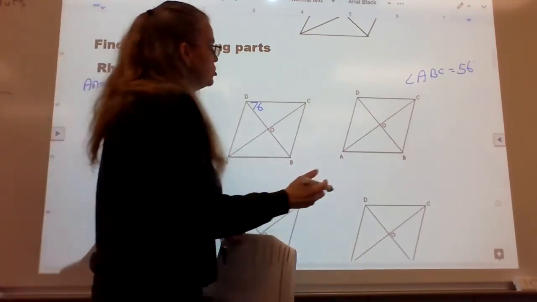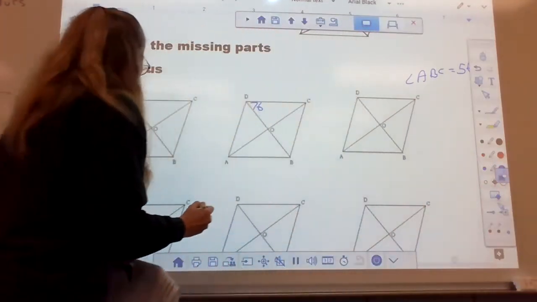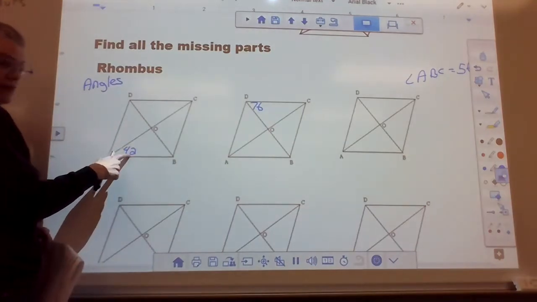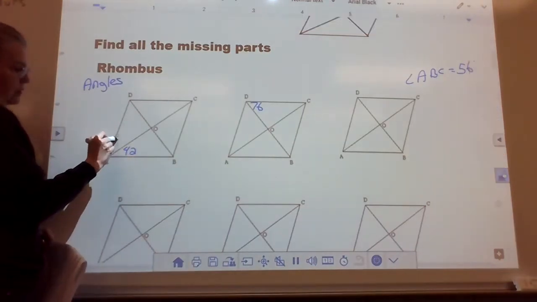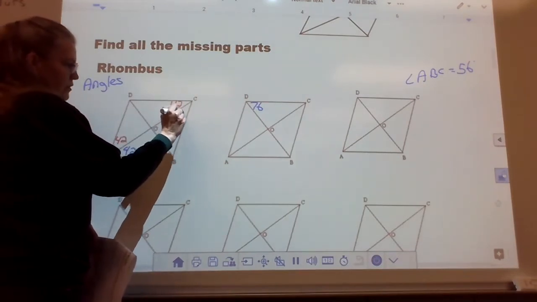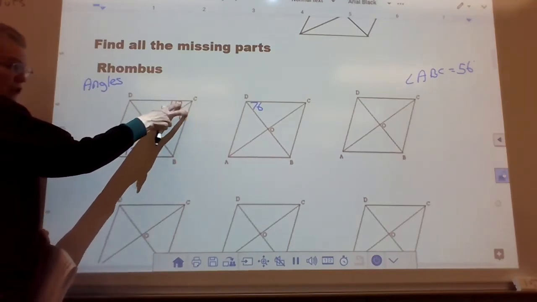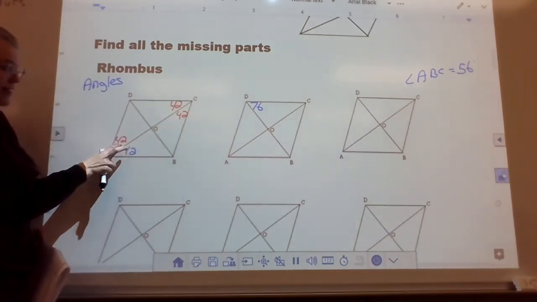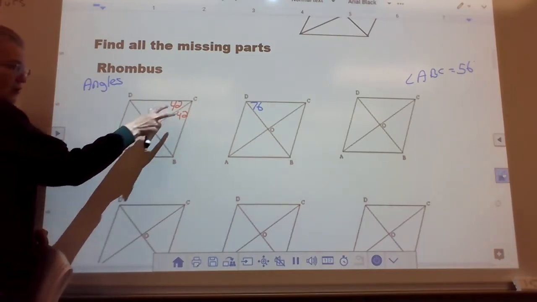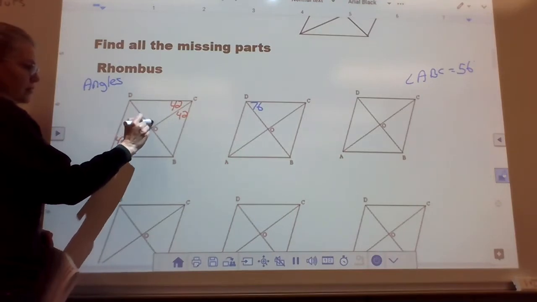Now I'm going to go ahead and change colors, and these are what we can find. If this is 42, this is 42, this is 42, this is 42. Whatever these angles are, these are going to match. And because the segment bisects the angle, these match, these match. We know the centers are all going to be 90s.